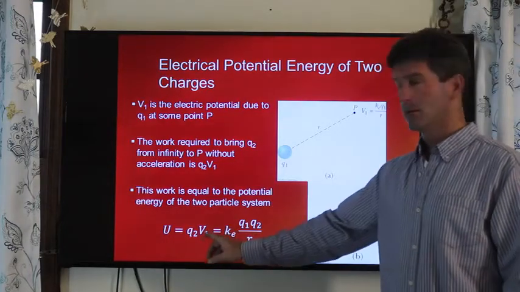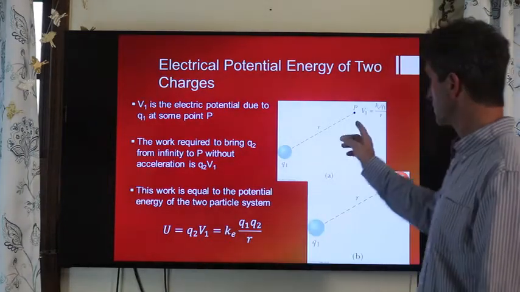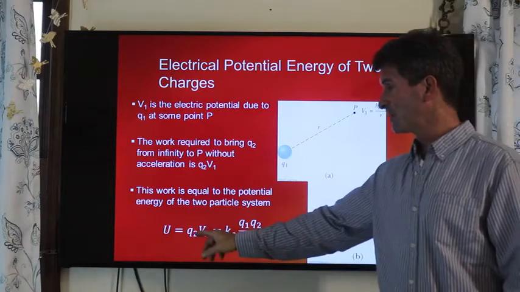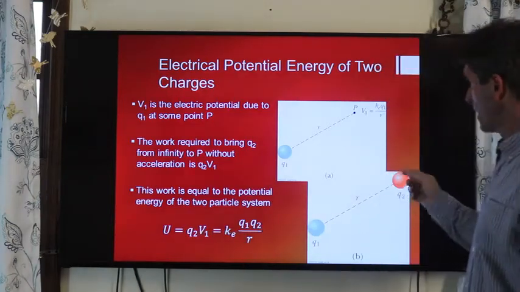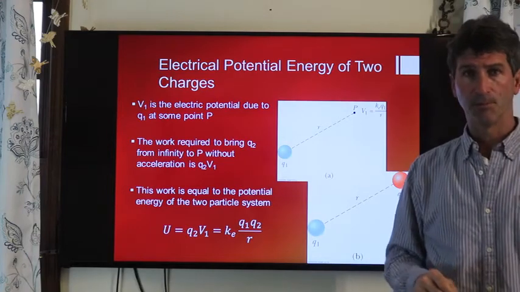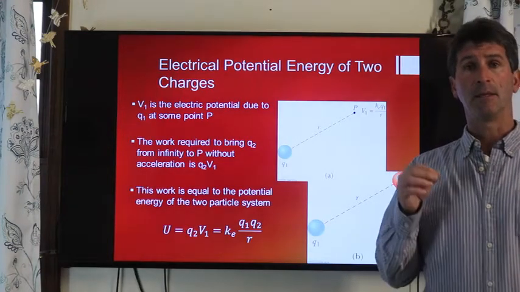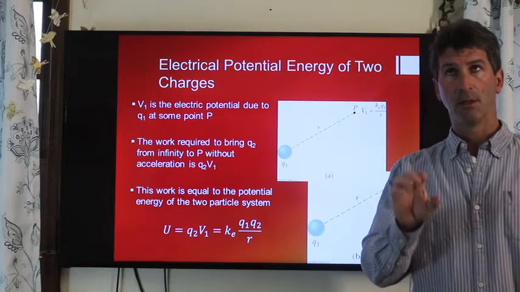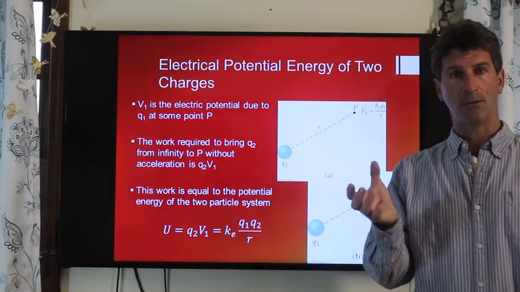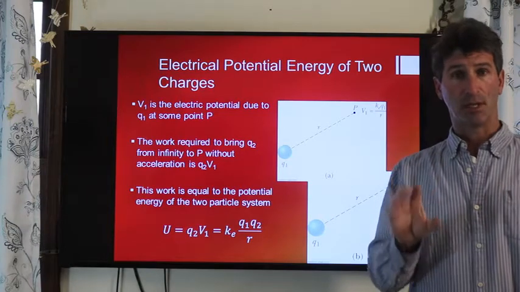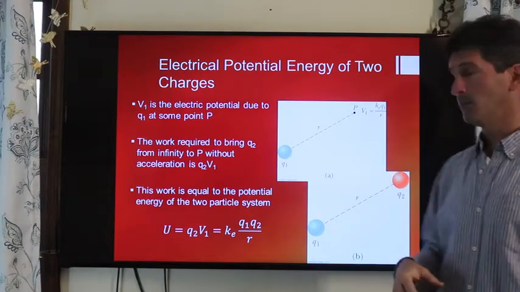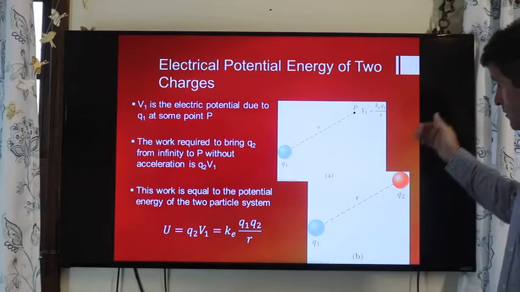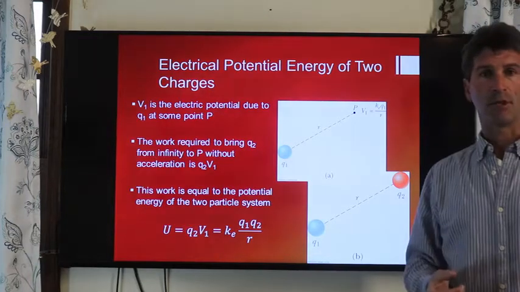If the electric potential goes by k_e Q1 over r, simply by multiplying it by Q2, the amount of charge that we put at that location, we can get the electric potential energy. Remember, electric potential is how many joules of potential energy we have per coulomb. If we multiply that by the amount of charge, we get energy.